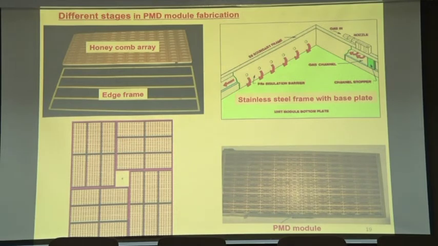Because gas will be ionized by a charged particle passing through it. And then this is the final module, the final PMD. It consists of 6 modules this side, 6 modules this side, and together 24 modules, okay. And there are 2 such planes.